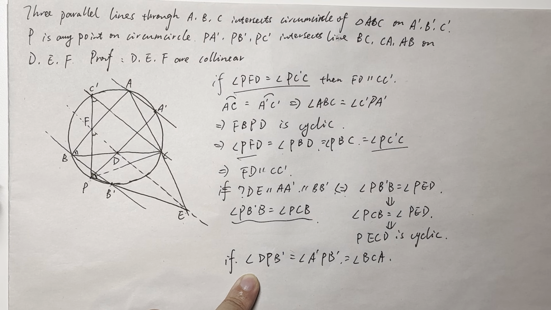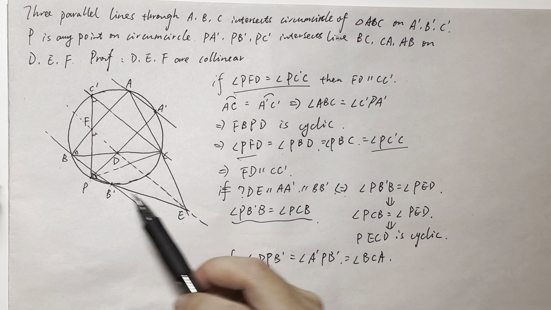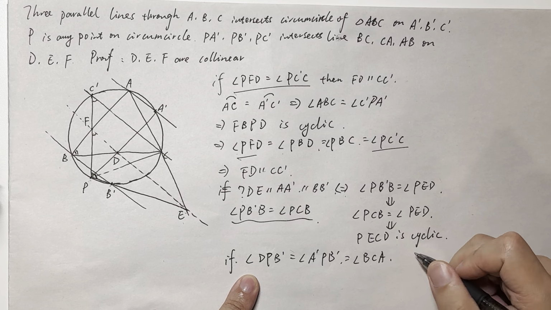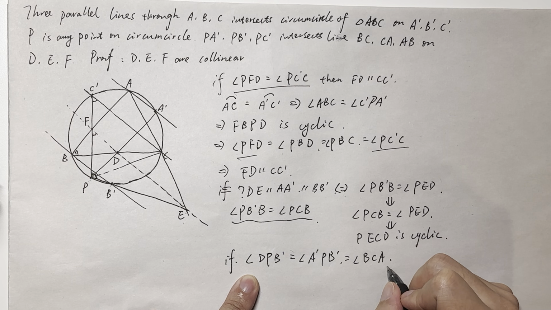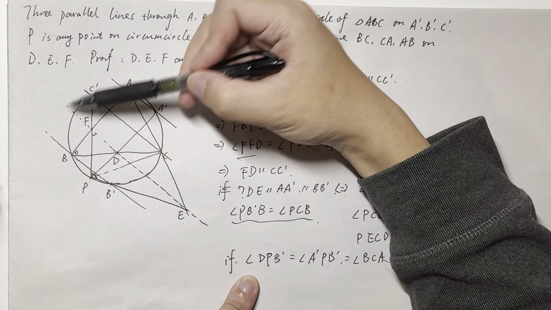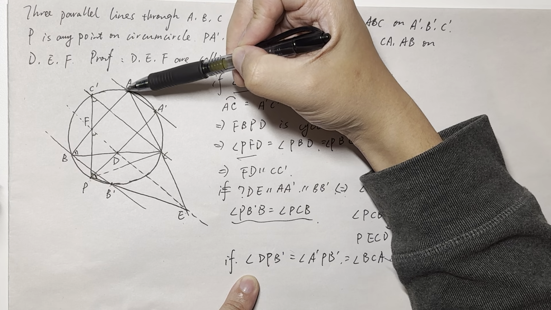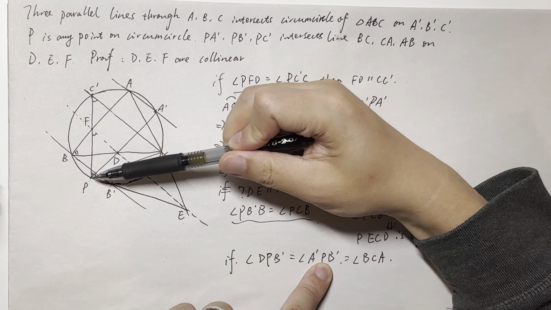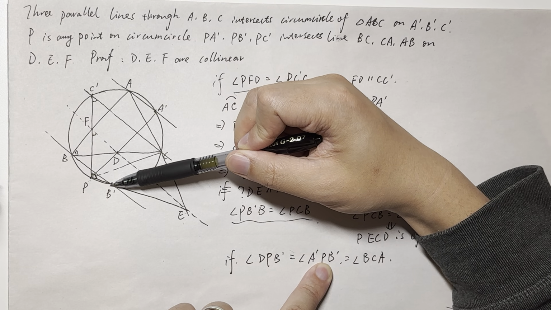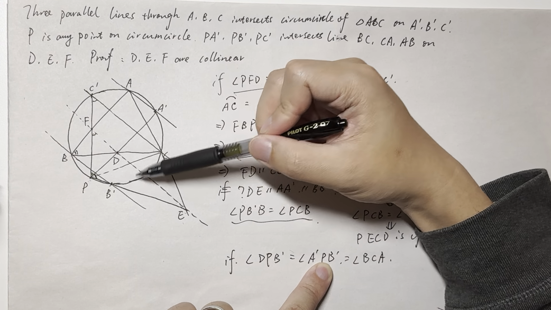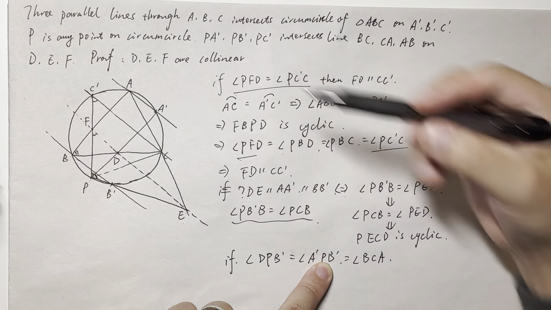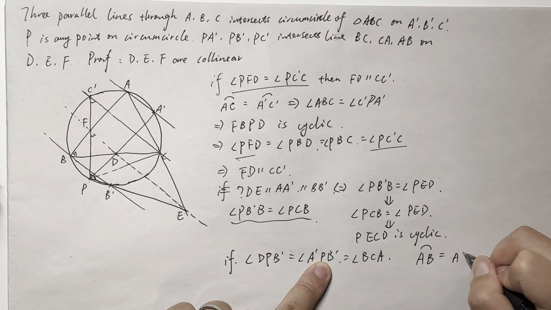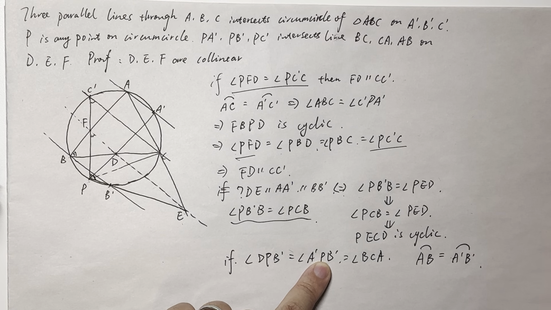So the angle BCA is in reference to the arc AB, right? And the angle A prime PB prime is in reference to the arc A prime B prime. We already know that arc AB equals to arc A prime B prime, right?